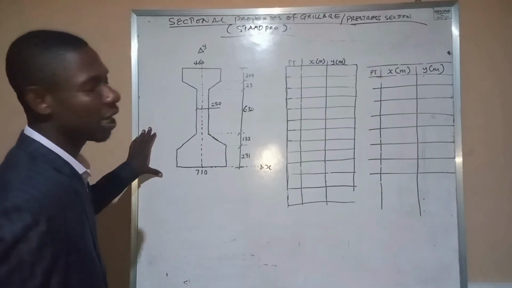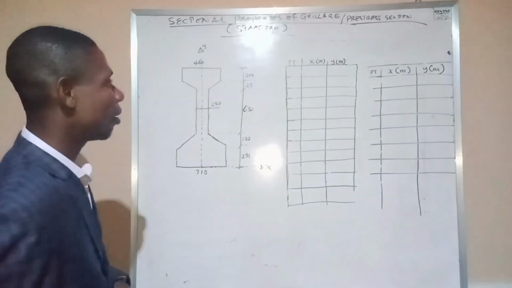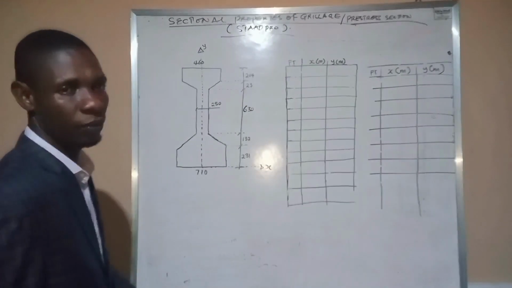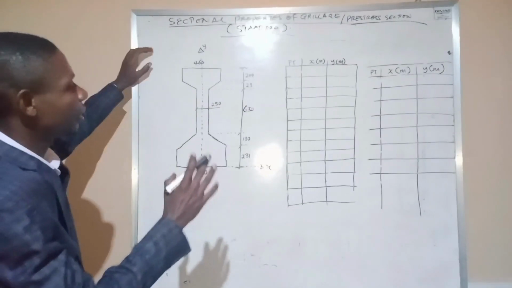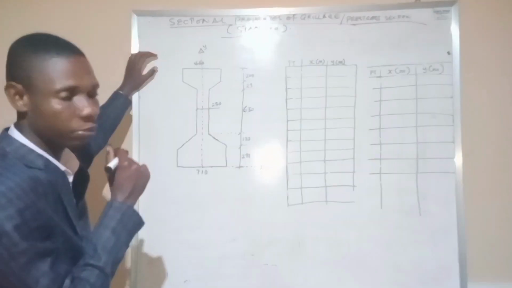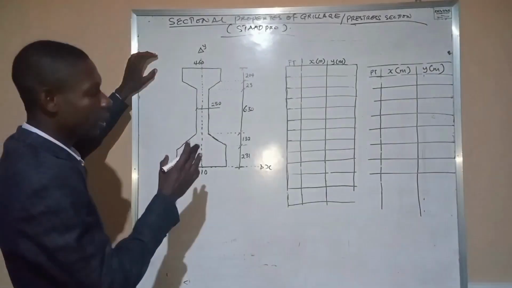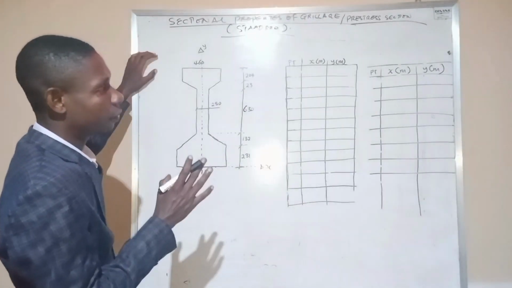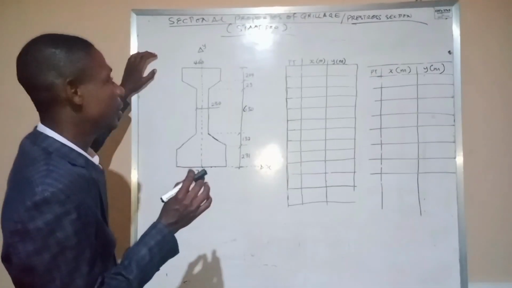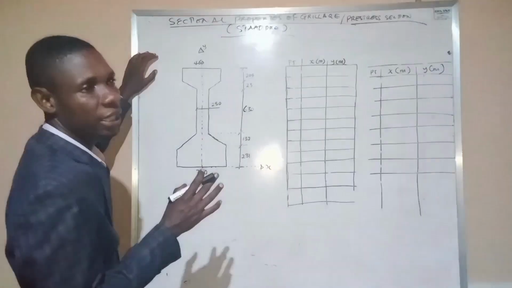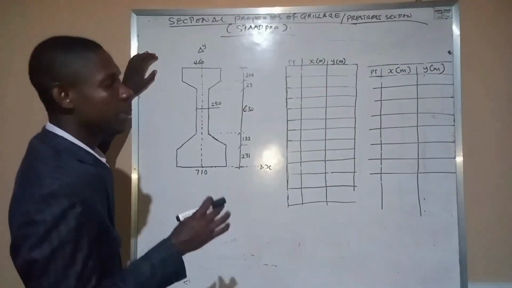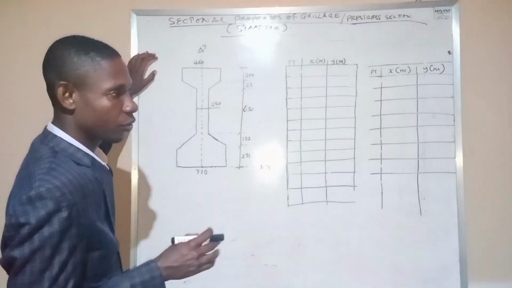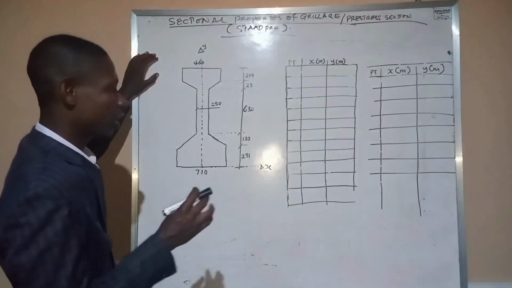coordinates of the point. Now, how do you pick the coordinates of a point when you intend to apply it to STAAD.Pro? First thing you are going to do if you intend to apply this section in STAAD.Pro is to get the coordinates. So the essence of what we are going to do today is, number one, to get the coordinates of the section, and number two, to apply these coordinates in STAAD.Pro to be able to generate the section.